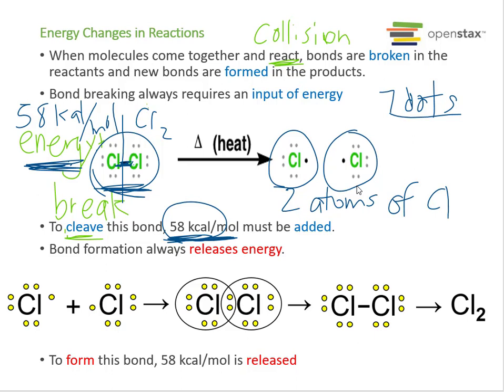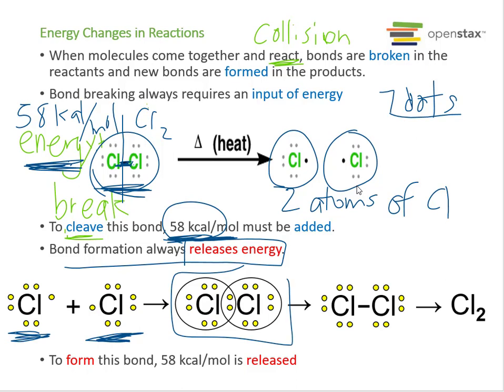We can also do this in reverse. Instead of breaking a bond, I can form a bond. When we form bonds, we release energy. Here I have my Lewis dot of atomic chlorine, and I want to add another individual chlorine atom to form Cl2. We can see our 7 dots; these dots are going to align and form that bond right here.